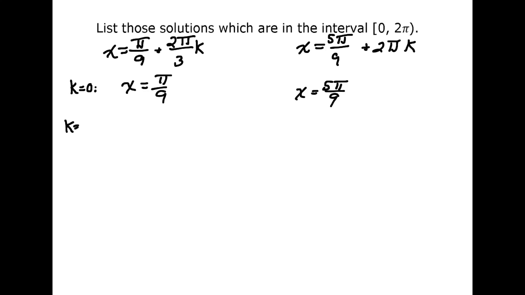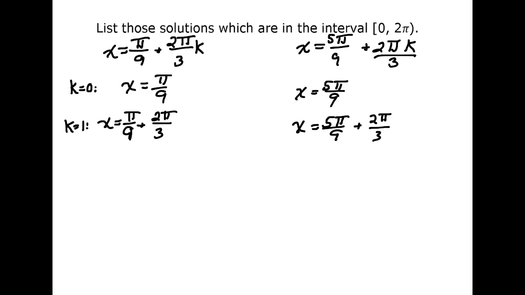Or k could be 1, and then we would have x equals pi/9 plus 2 pi times 1/3. Or over here we would have x is 5pi/9 plus, oh, I lost my over 3 here, plus 2 pi/3 times 1.